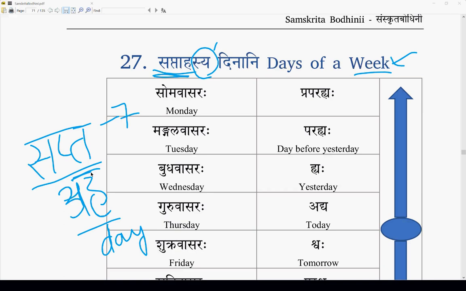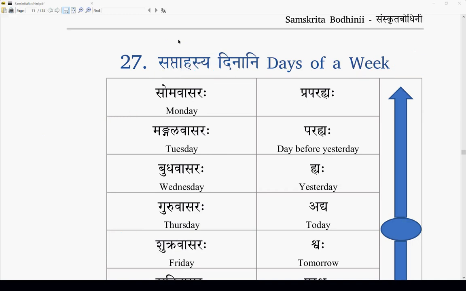So Sapta plus Aha becomes Saptaha. Saptaha is a group of 7 days, a 7-day period. So that is called Saptaha. If you know Sapta, a group of 7 days, it will be easy to remember. Saptaha means 7 days, week.